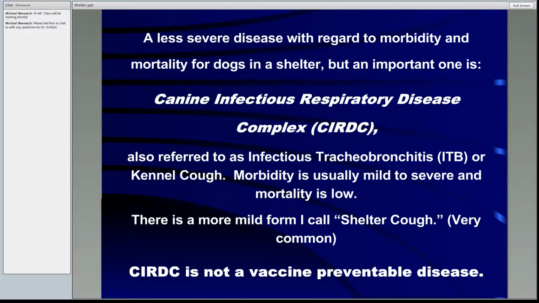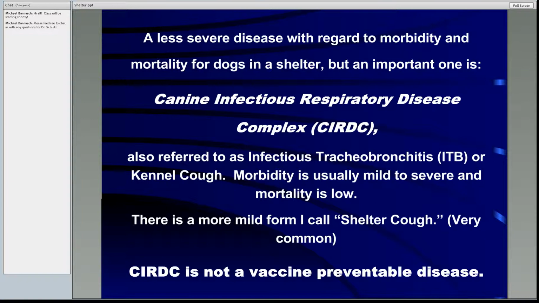Now, a less severe disease within the shelters are the infectious respiratory disease complexes, whether they be canine or feline. And there are a number of other names, and of course the canine is referred to as kennel cough. The feline, we'll talk more about it later, but as upper respiratory or infectious tracheobronchitis and so forth.